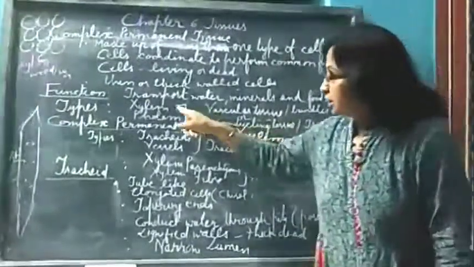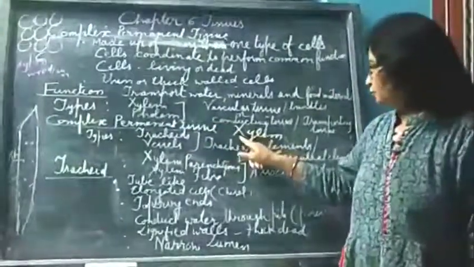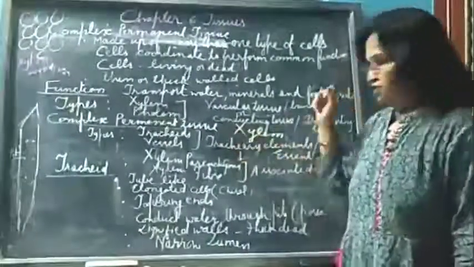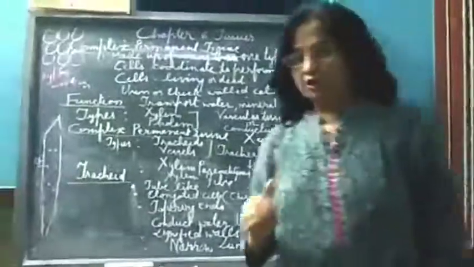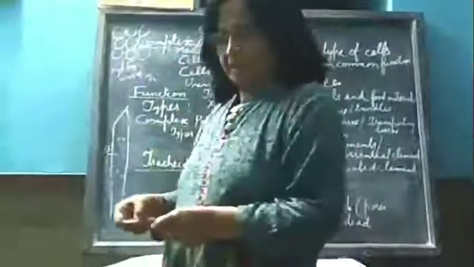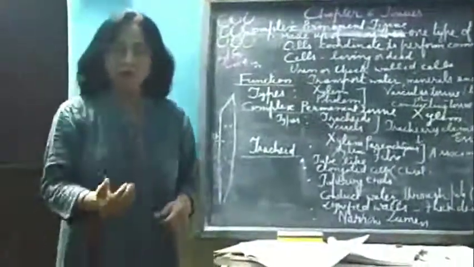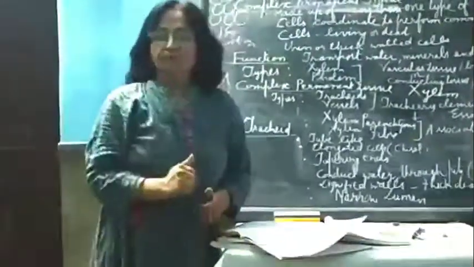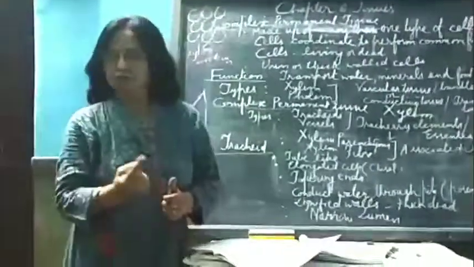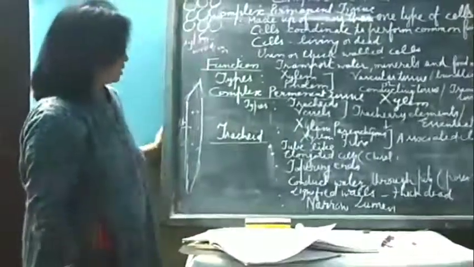Today, in complex permanent tissue, I am going to explain about the xylem. You have seen in your house long pipelines, in a multi-storey building. How is the water moving from the tank to the last floor of the building? How is it possible? Through the pipe. The same thing happens in plants.